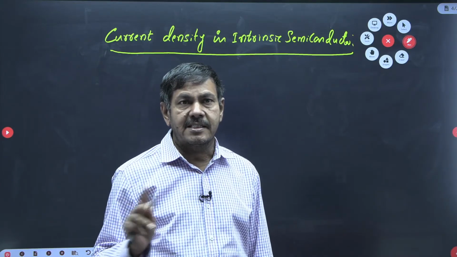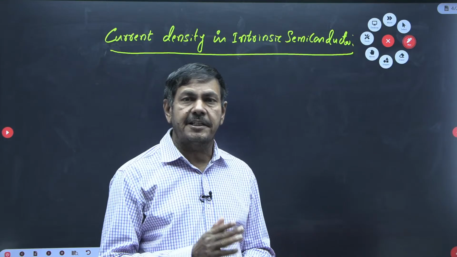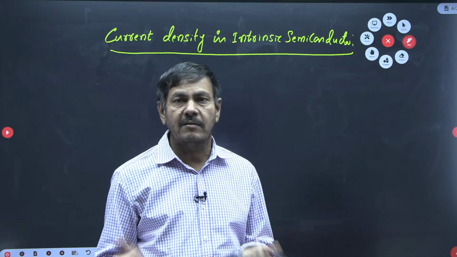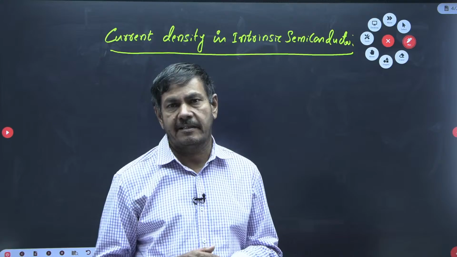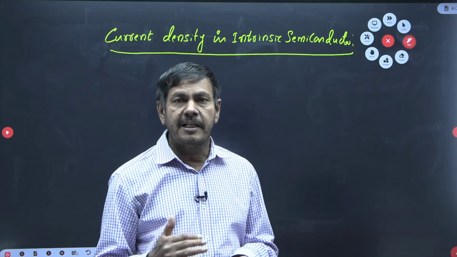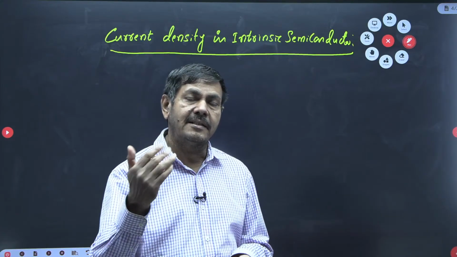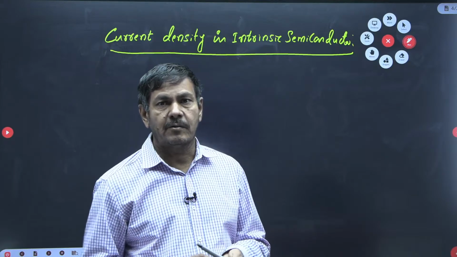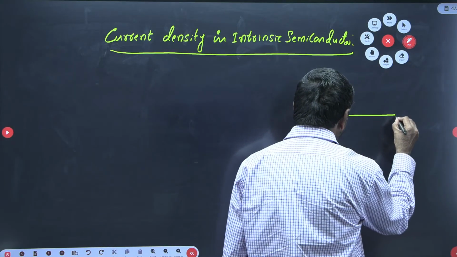The first point. The second point is that in the intrinsic semiconductor, the concentration of electrons and holes are equal. How electrons and holes are equal, I explained using the energy band diagram. How many electrons are moving from the valence band to the conduction band, that many holes are created in the valence band.